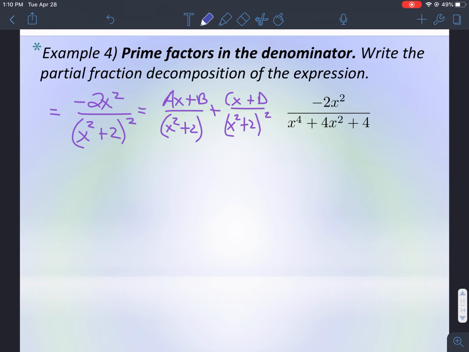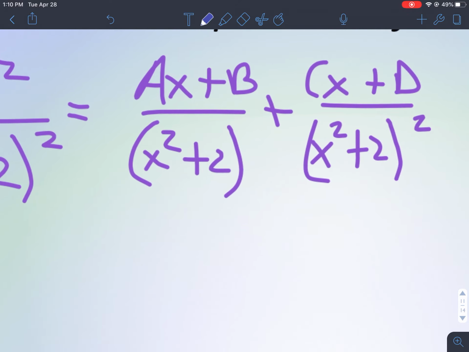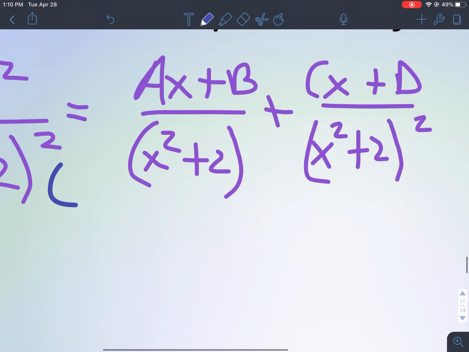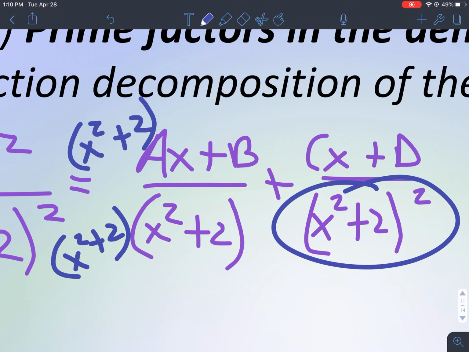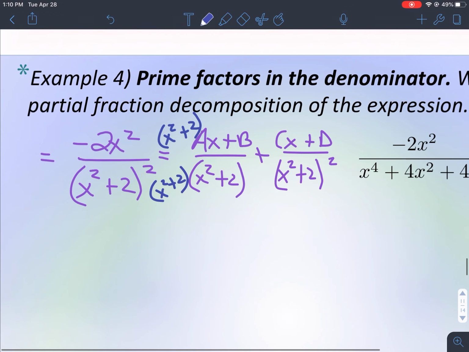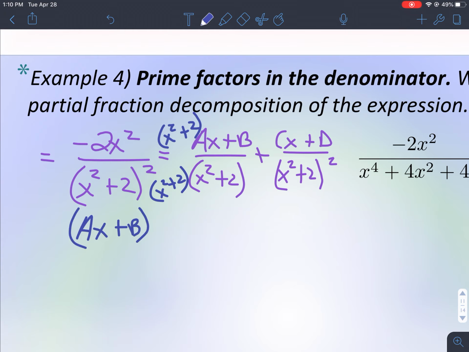Now our next step is to use common denominators and somehow form a system of equations. The bottom one here should be multiplied by another x squared plus 2 on the top and bottom. This can stay the same. So Ax plus B multiplied by x squared plus 2. I have to FOIL that.